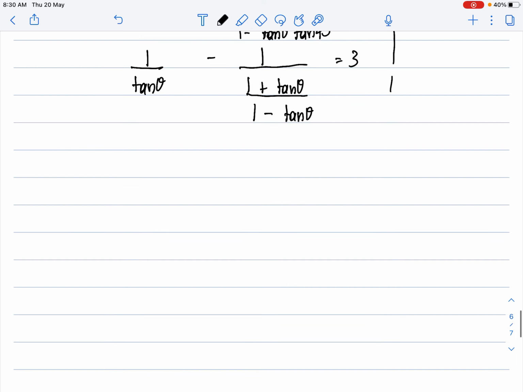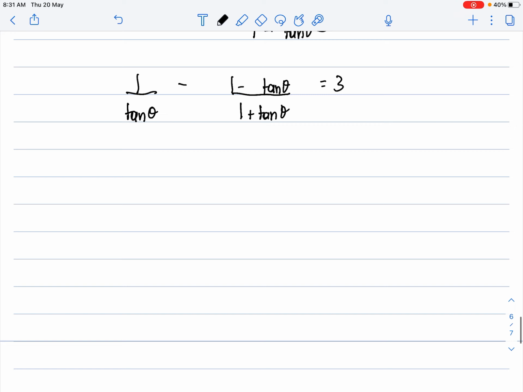So now I can write this as 1 over tan theta minus 1 minus tan theta over 1 plus tan theta, correct? This simply can go up in the numerator, correct? So now what I can do is I take LCM by using the method of cross multiplication.